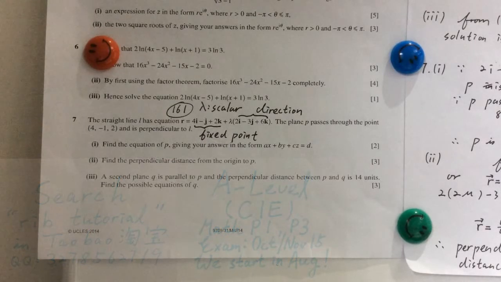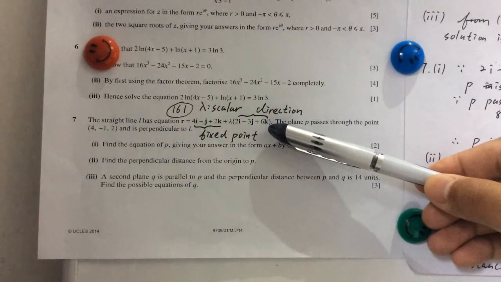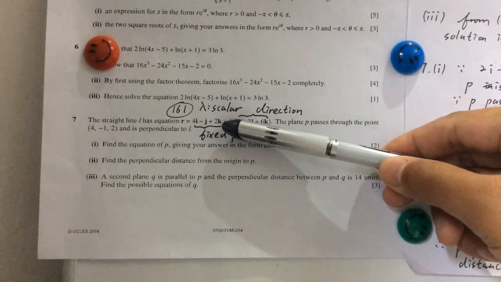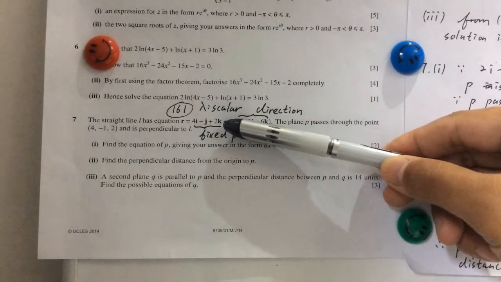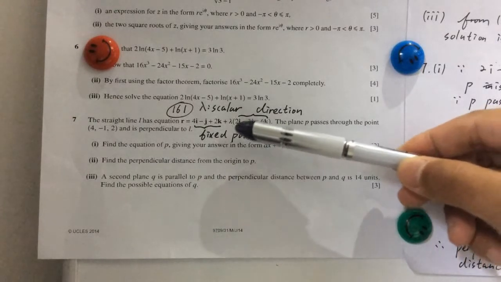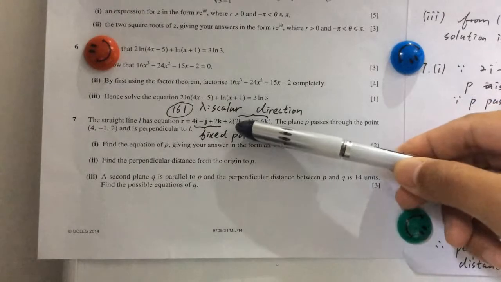So first of all, R represents the equation of a straight line in vector form. The first part represents a fixed point, and there's lambda, which is a scalar.